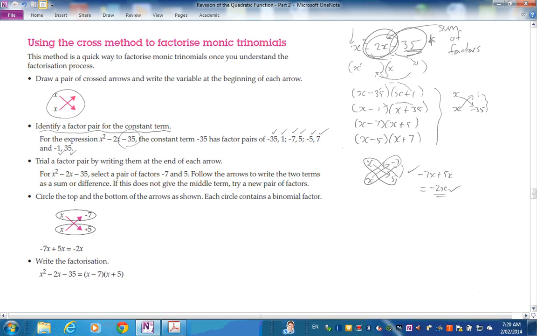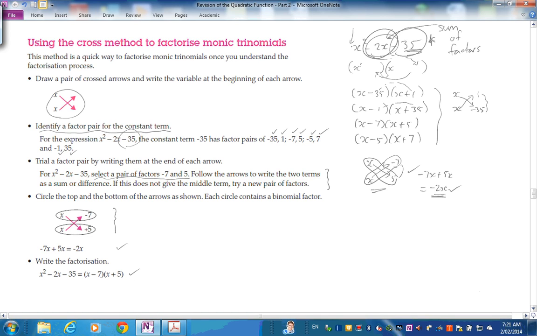Okay, so we've just done this. Select a pair of factors, neg 7 and 5, and use those to write the two terms as a sum or difference. That's what we're doing here, checking it out. And here they have it down here. And so that checks, and therefore it must have been that one: x take 7 by x plus 5.